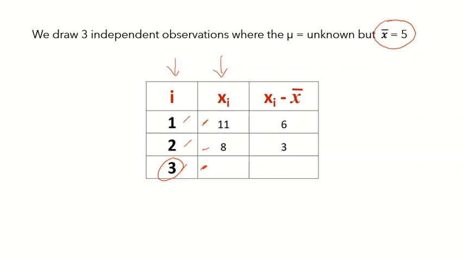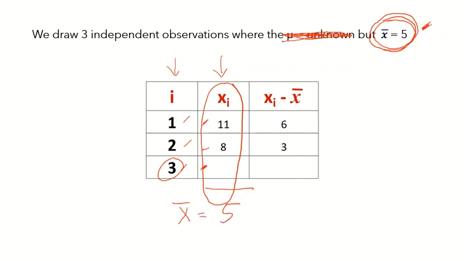Take note that we don't know the population mean. Instead, we know the sample mean. And how else do you compute the sample mean? But through averaging of your values per sampling. So, since we already know the sample mean, and that sample mean has to be 5, then we somehow already have an idea what this should be.